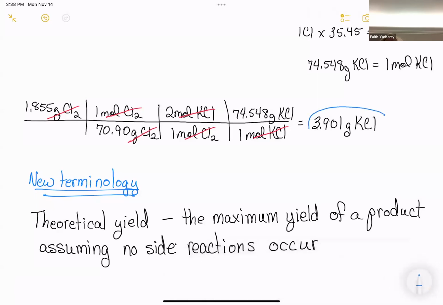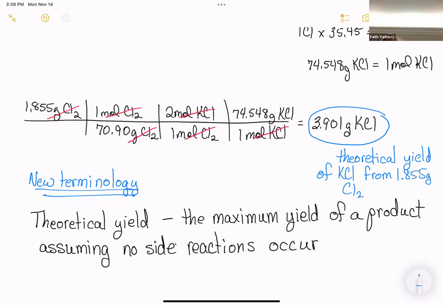This 3.901 grams of KCl that we just calculated would be the theoretical yield of KCl from 1.855 grams of Cl2. Basically, folks, it's saying in theory, this is the amount I could make. In theory.